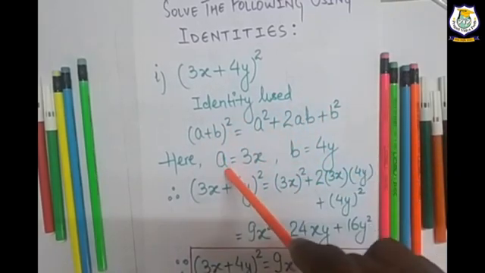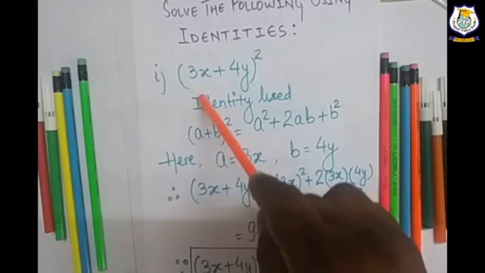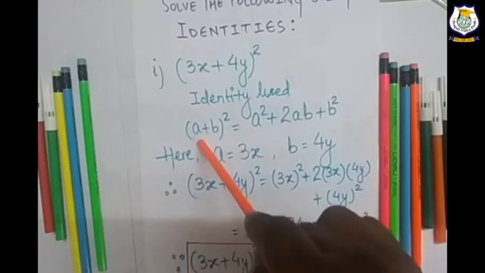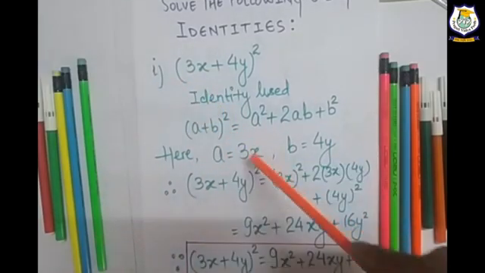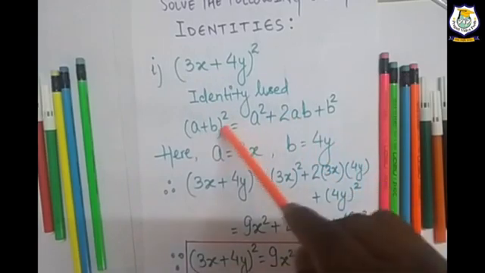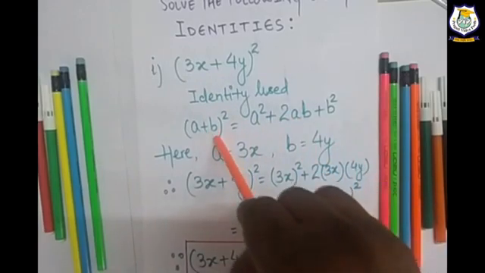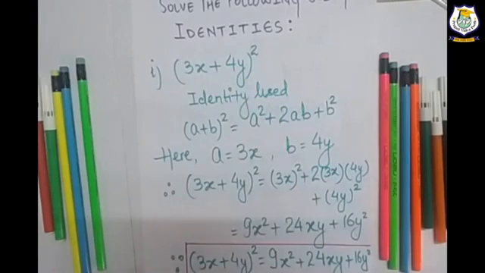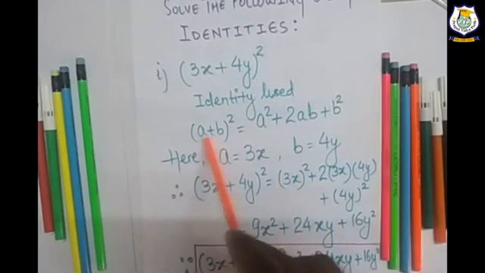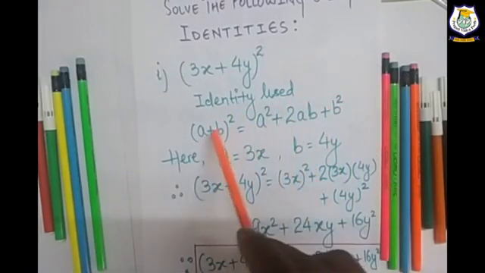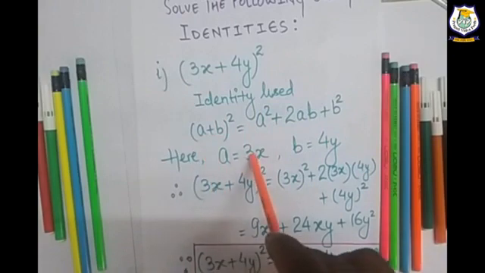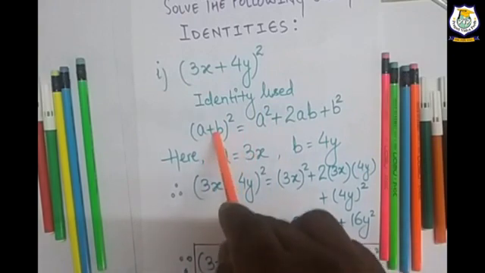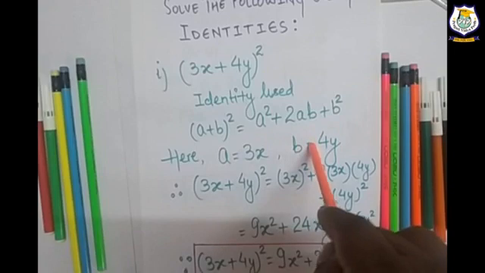Here a is 3x, in place of a we have 3x, and b is 4y, in place of b we have 4y. Therefore, in this identity, in place of a we write 3x and in place of b we write 4y.